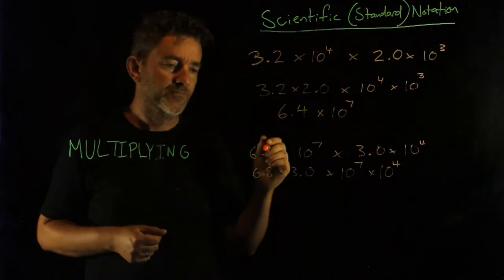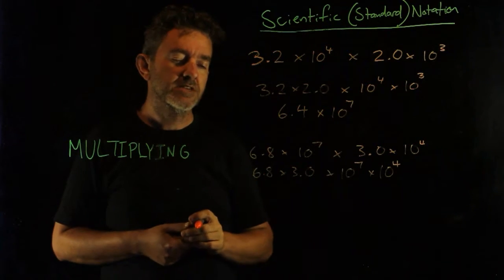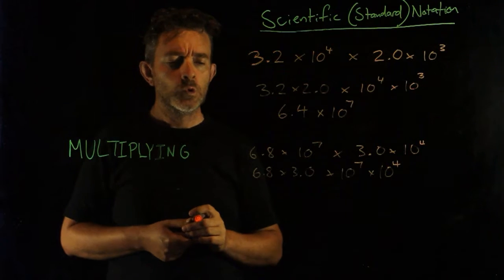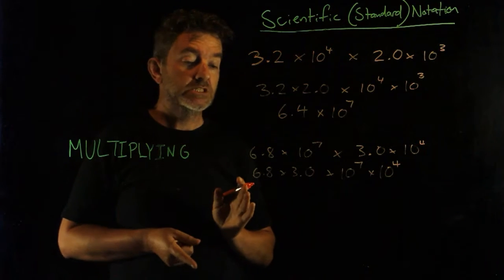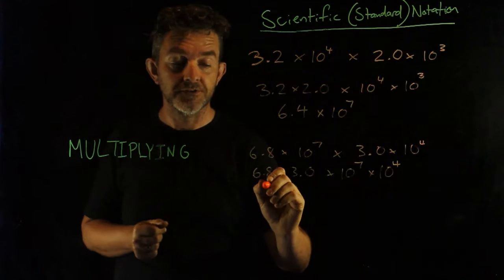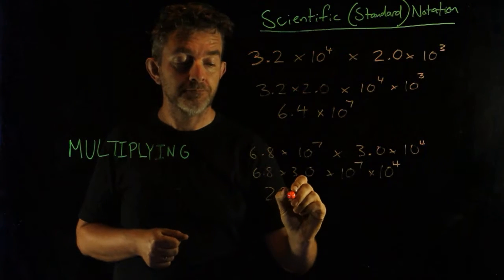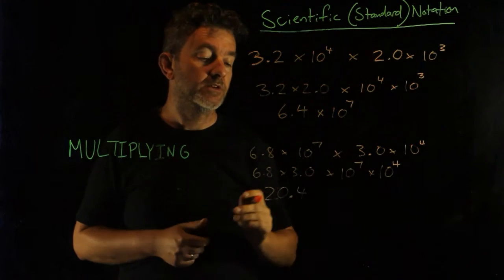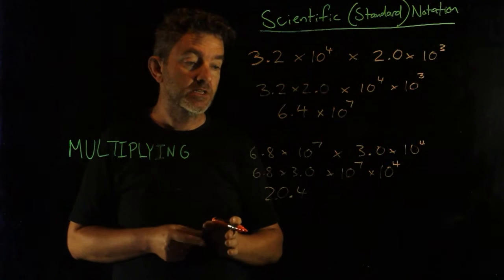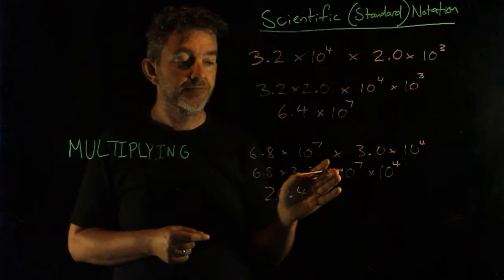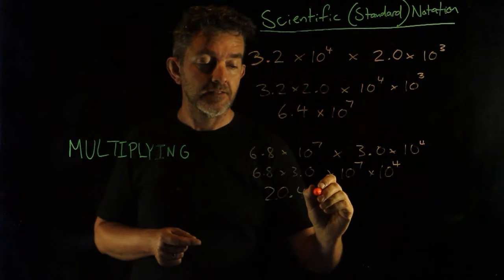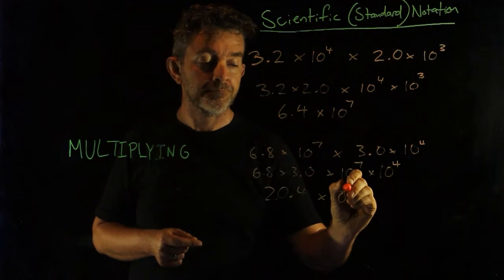So 6.8 times 3: 3 6s are 18, 3 8s are 24. That's going to be 20.4, I hope. And here we've got 10 to the power of 7 times 10 to the power of 4. I need to add them together, that's 10 to the power of 11.